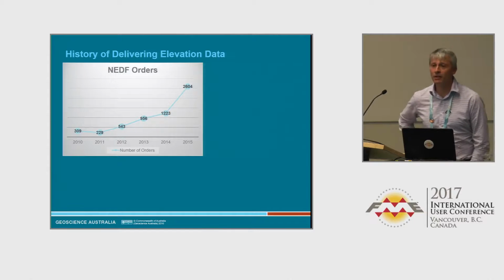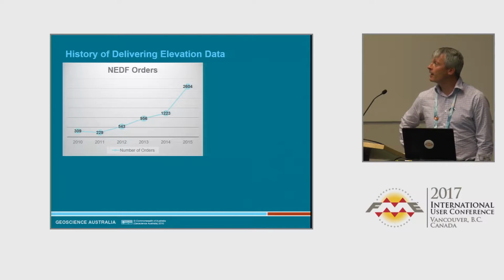I just want to take you back a little bit about our data sets. We've been delivering elevation data for a long time, and we had a thing called the NETF portal, and this was the portal which I was asked to replace.